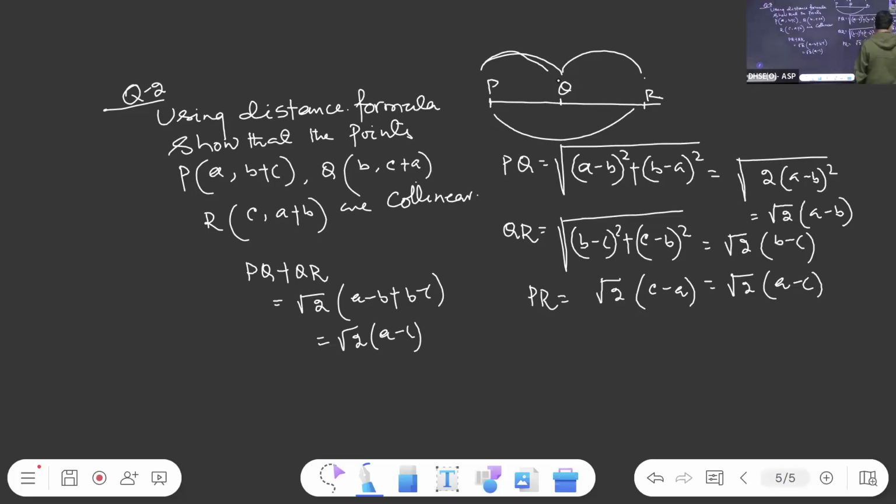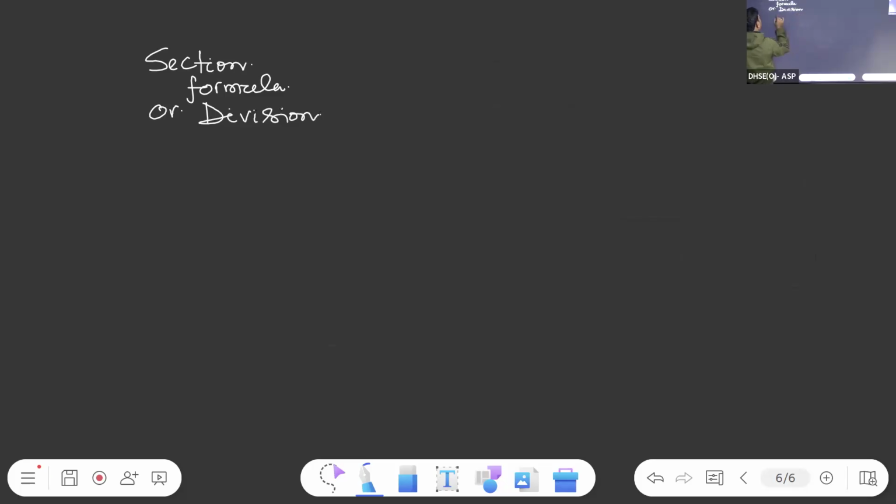Let's move forward to the section formula or division formula. Section formula or division formula, write down.